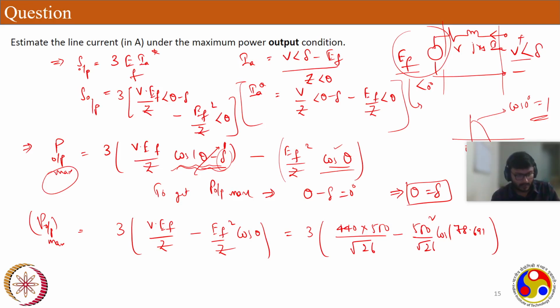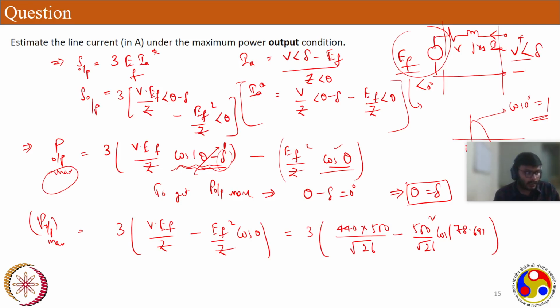440 multiplied by 550 divided by root 26 minus 550 square multiplied by cos 78.69 divided by root 26, multiplied by 3.